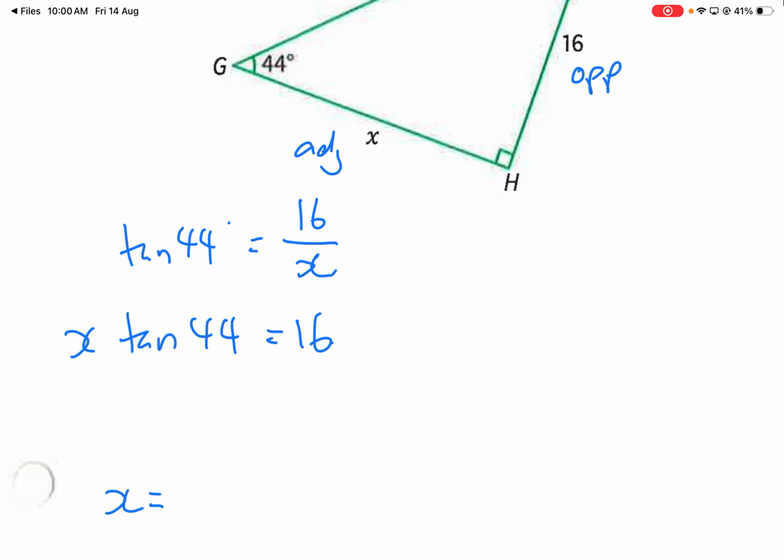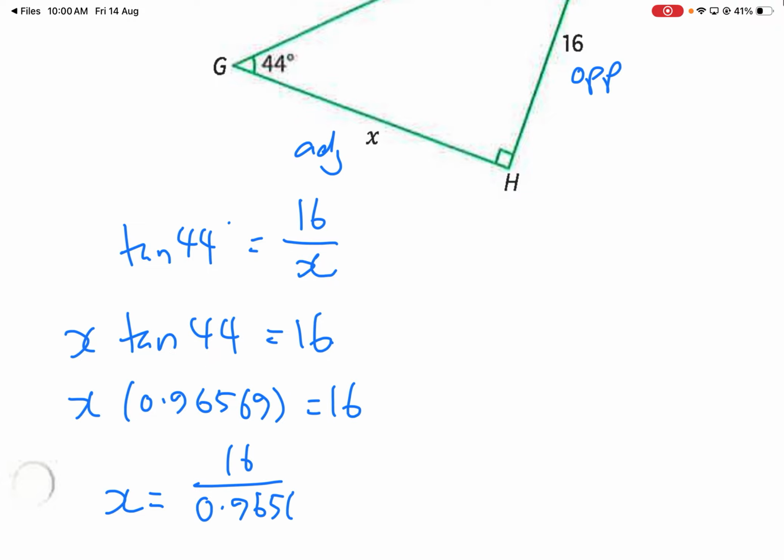I can press calculator, find out what is tangent 44. 0.9656. After that, just divide only. Both sides divide by the bracket 0.96569. Then press calculator, have answer already.